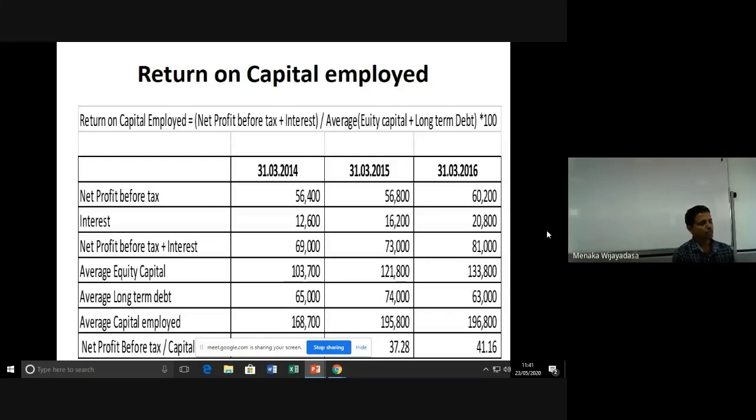For 2014, that is 69,000, divided by average capital employed, 168,700. Then the answer will be around 37. Then under 2015, net profit before tax and interest is 73,000, divided by 195,800. The answer will be 37%. In 2016, it will be 41%, right?